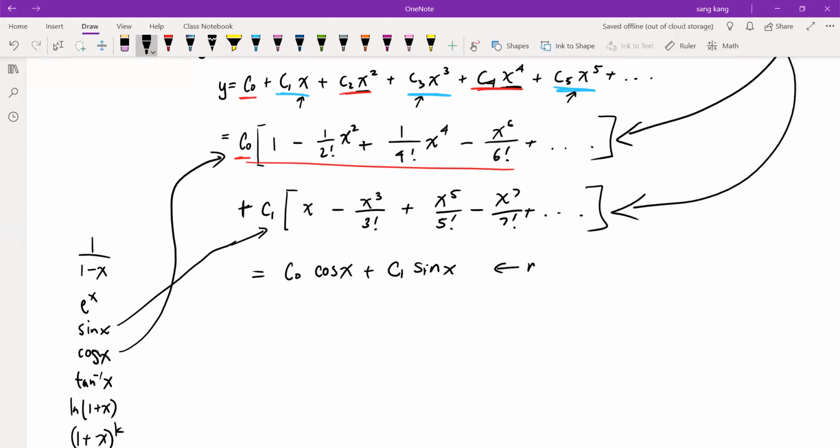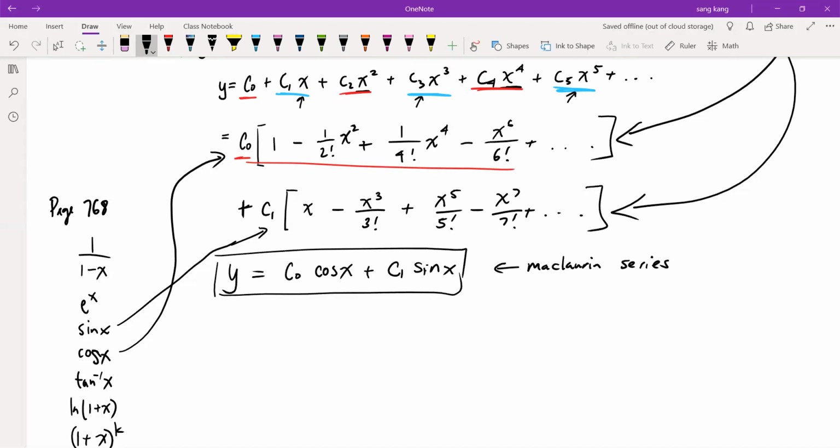So review that if you need a refresher. Again, that's on page 768. So this should be our solution that we found through this method.